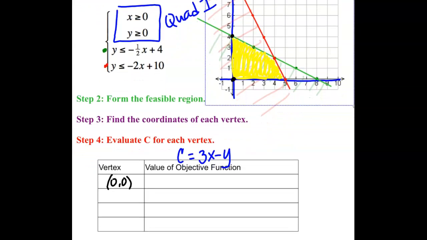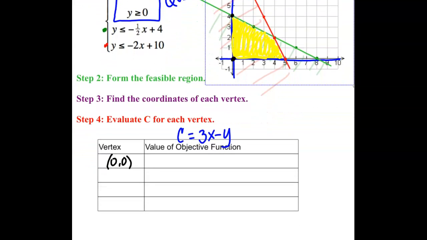We just want the ones that are the boundary of our feasible region. In other words, that point at 0, 10 is not going to be included. We need that point, so the coordinates would be 4, 2. And our last point here is 5, 0.